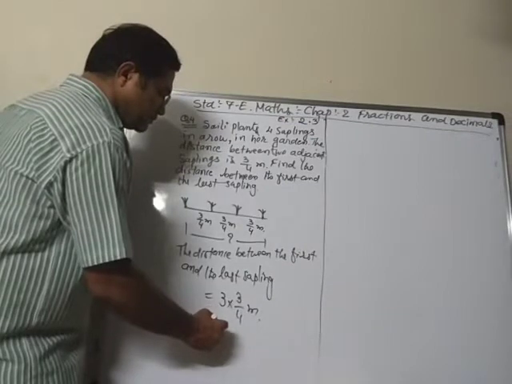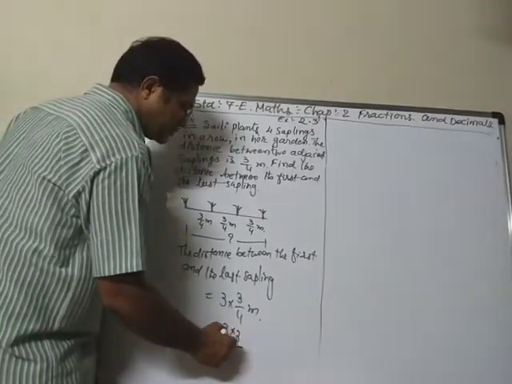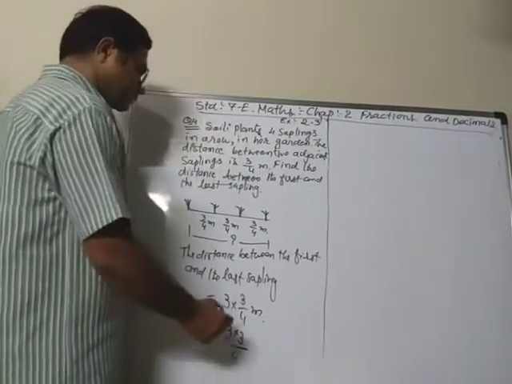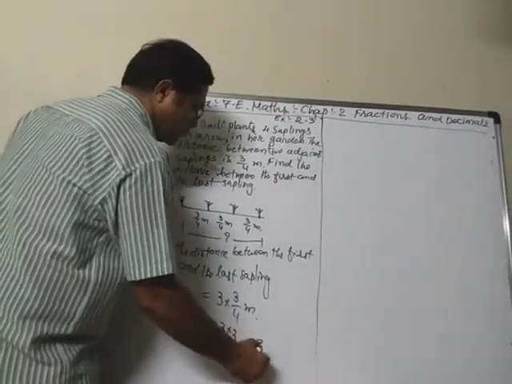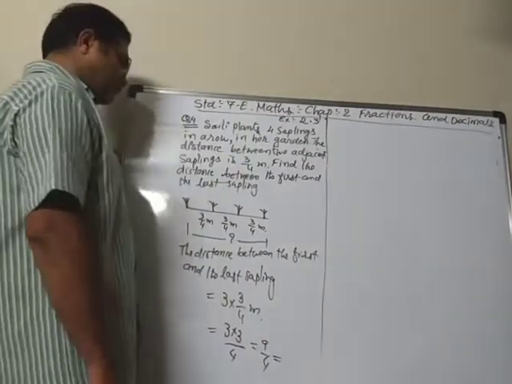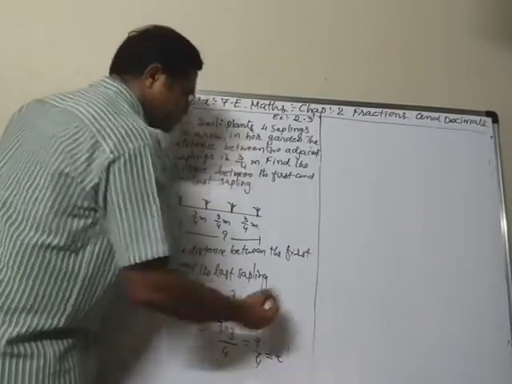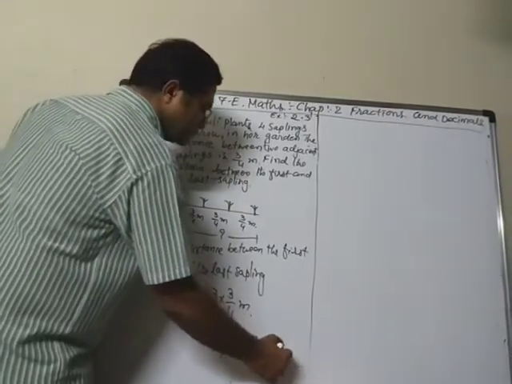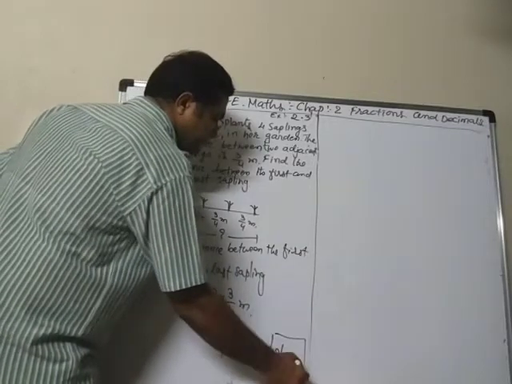So now we know that multiplication of a whole number will be only in the numerator. So 3 3s are 9 upon 4. 9 upon 4. Then 4 2s are 8, 1 remaining. So 2 integer 1 upon 4 meter.